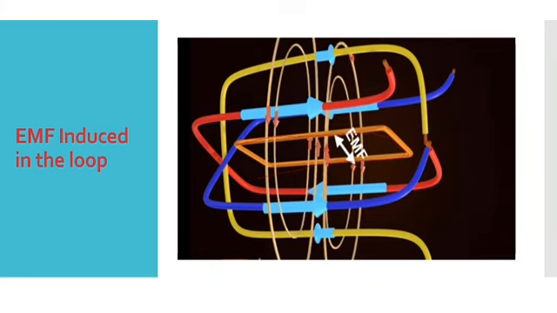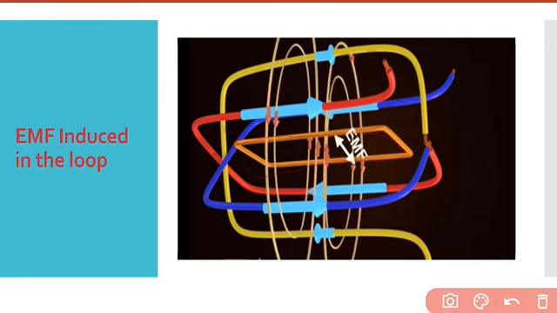According to the Lorentz law, an electromagnetic force will be produced on the loop, and the loop will start to rotate. You can see here that an electromagnetic force is produced.